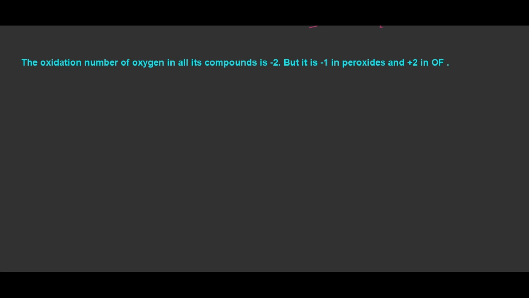Now this is rule number 7, and according to this rule the oxidation number of oxygen in all of its compounds is -2, but it has -1 charge in peroxides and +2 in OF2, oxygen difluoride.